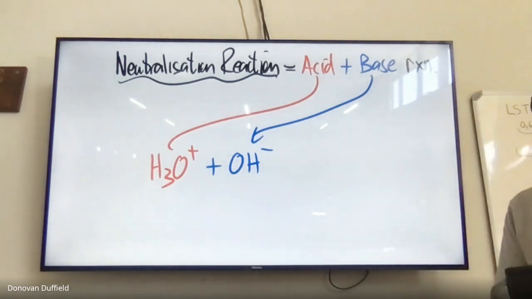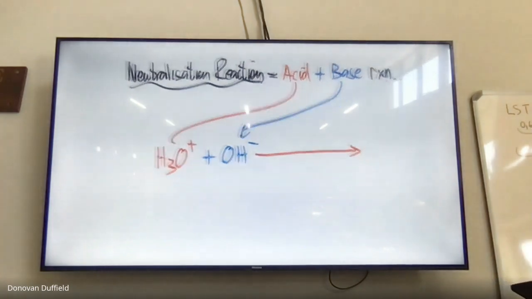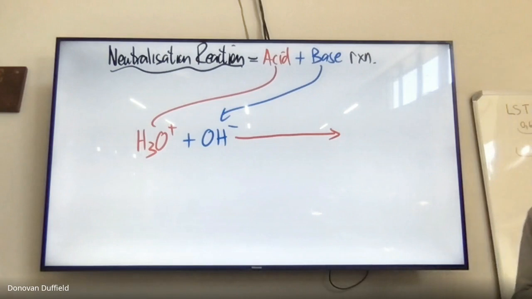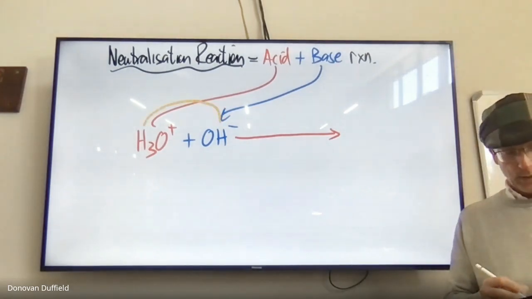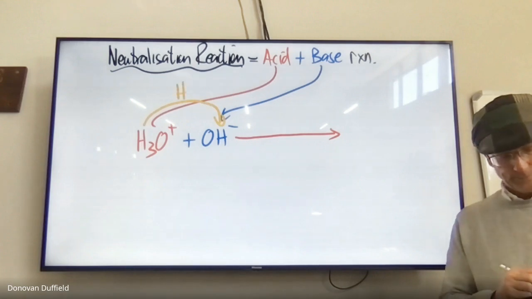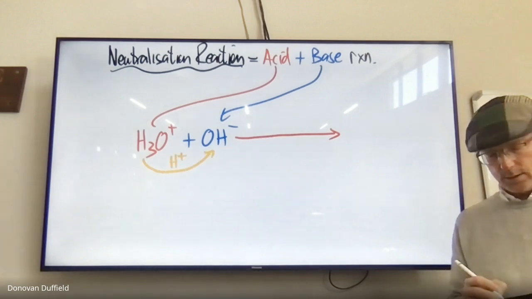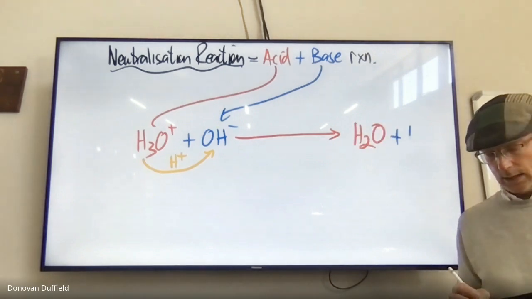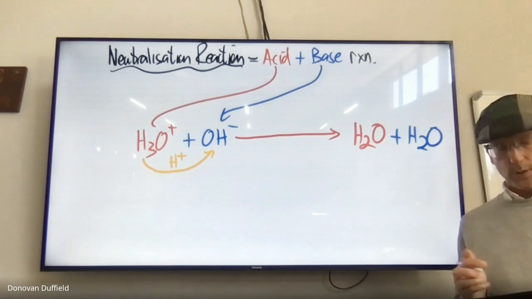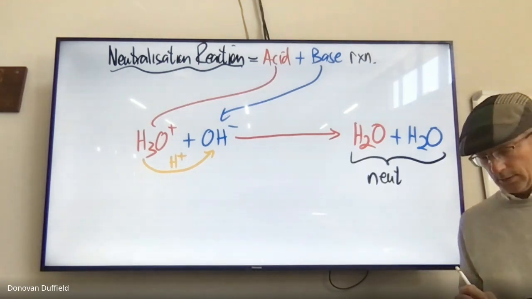There is a very, very strong forward reaction where, remember conjugate acids and bases, our hydrogen ion gets transferred, making this H2O and making this H2O. And so what we land up with is a neutral solution.